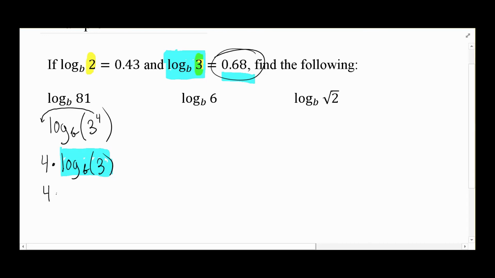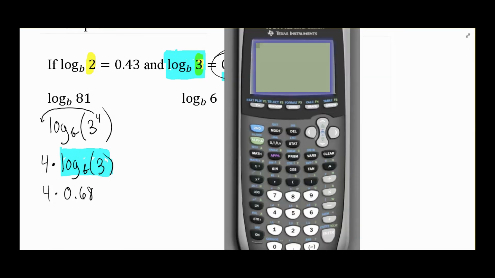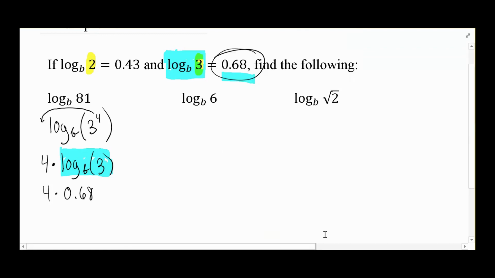So that means I can rewrite this as 0.68. Now is when I can get my calculator involved and say 4 times 0.68. Oops, I didn't say times, I did a dot there. Let me try that again. 4 times 0.68 is 2.72. And that's my answer to that particular problem.